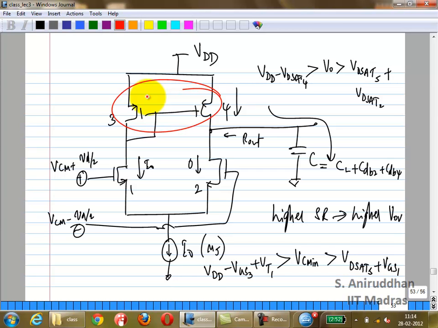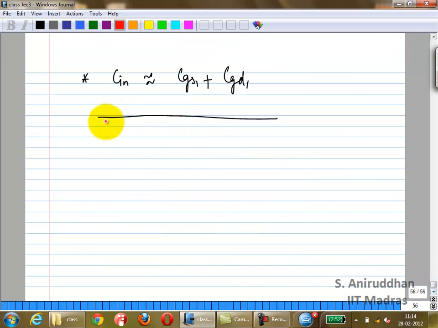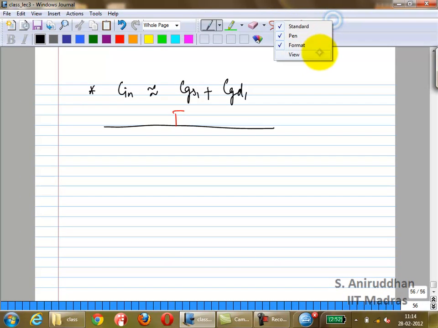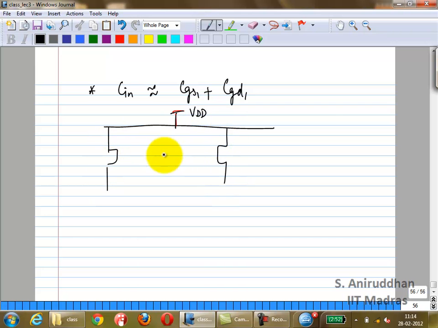So in reality, you have to add cascode devices on both sides. Okay, I'm running out of space. I'm going to move it to the next page.